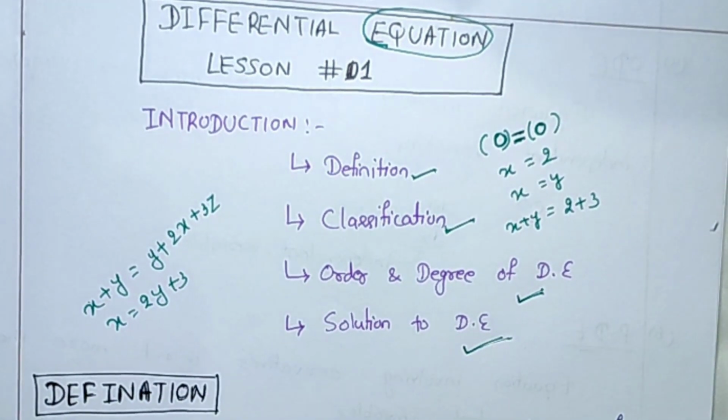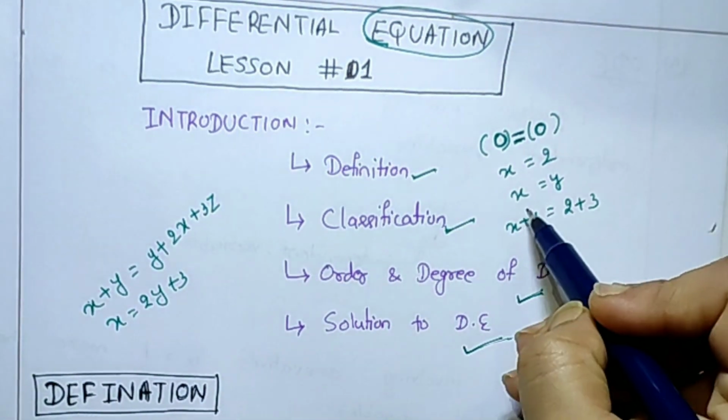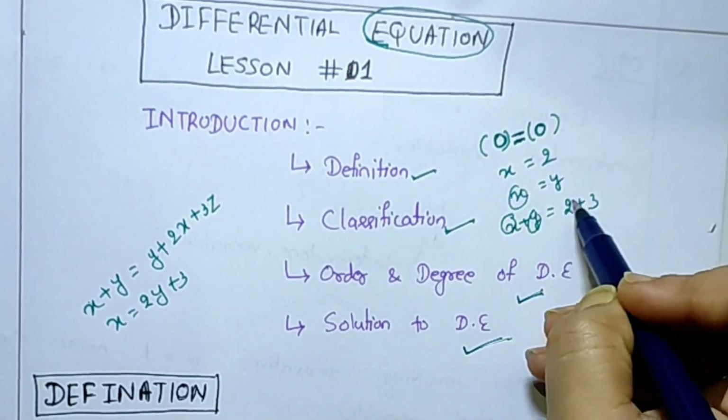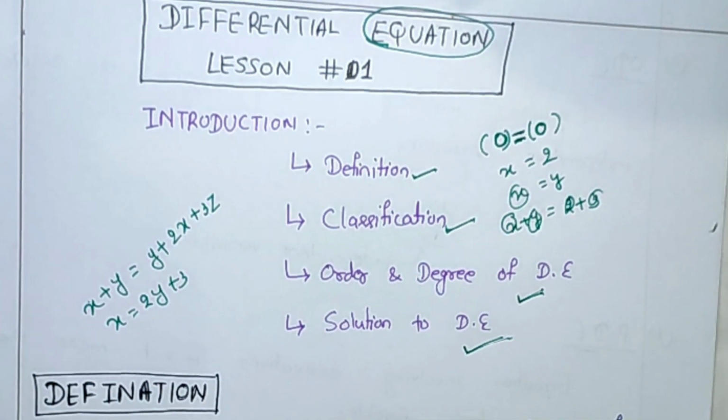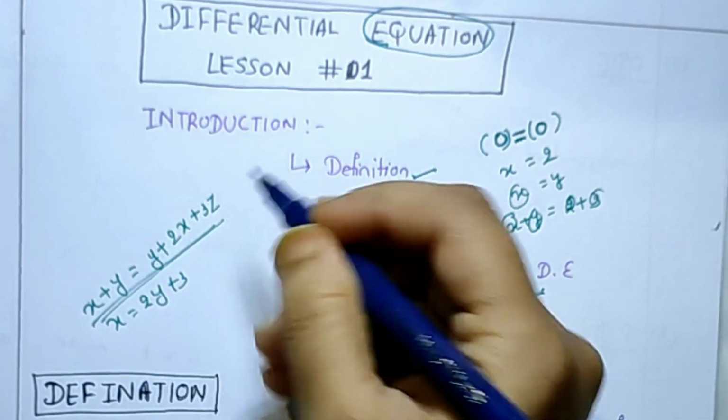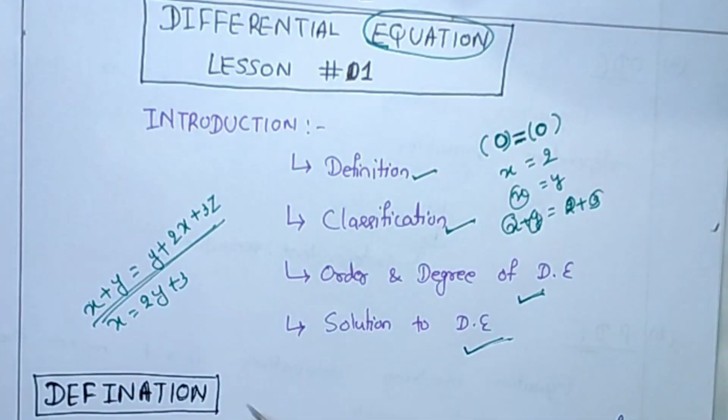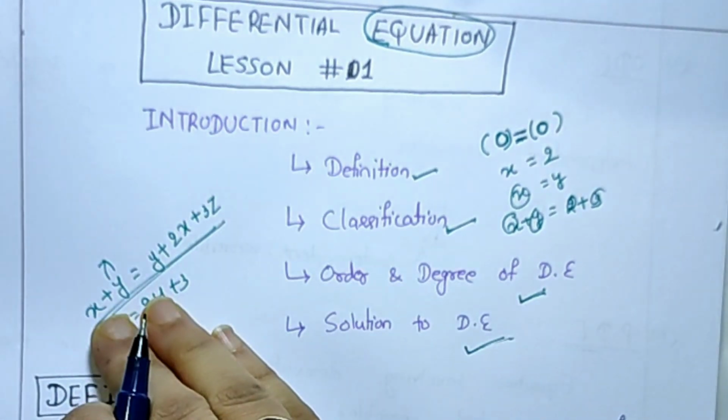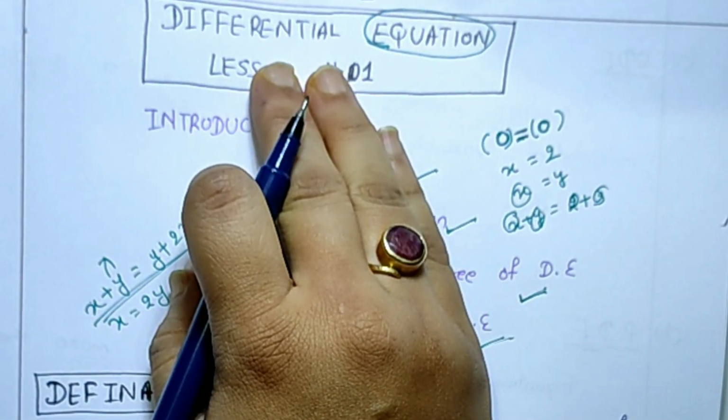So what is a differential equation? In these equations there are algebraic forms: x, y, 2, 3. If instead of algebraic forms there is a derivative term in an equation, then it is called a differential equation. This is an algebraic equation. So what is a differential equation?